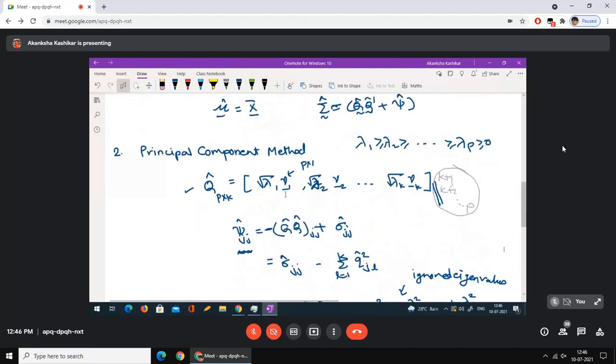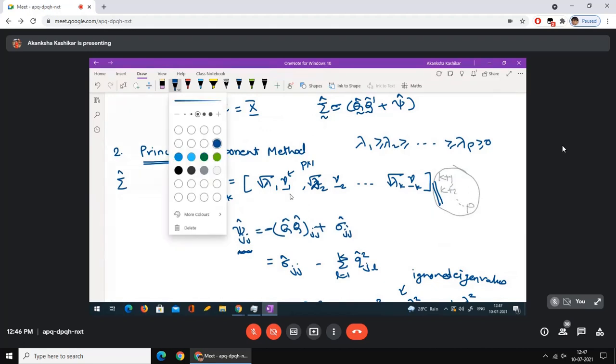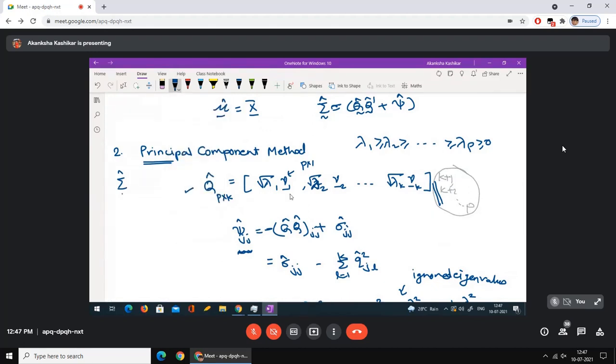See, come here. When I'm using the principal component method for estimation in factor analysis, first I estimate sigma hat from the data. After getting sigma hat, I get eigenvalues and eigenvectors of sigma hat. Then those eigenvalues and eigenvectors I use to get Q hat.